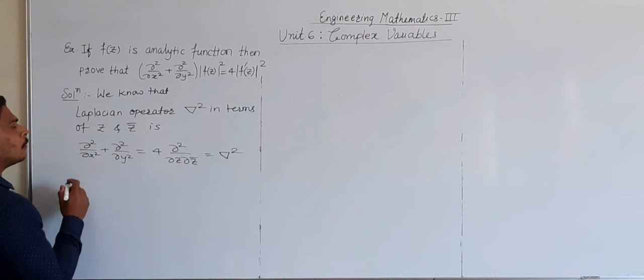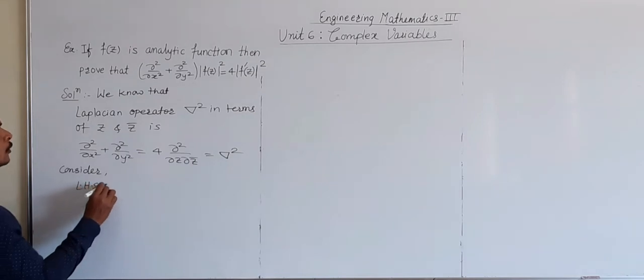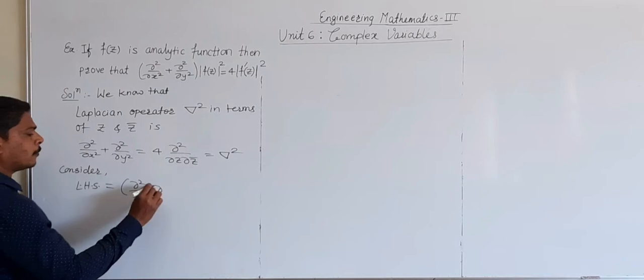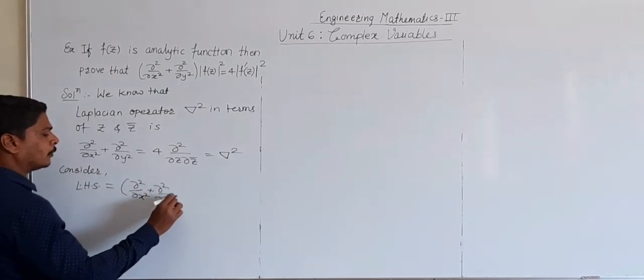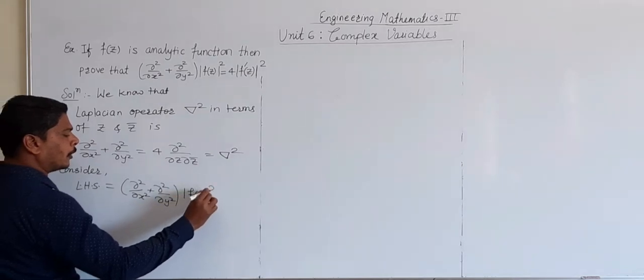So now consider our LHS, which is equal to the second partial derivative with respect to x plus the second partial derivative with respect to y of |f(z)|².